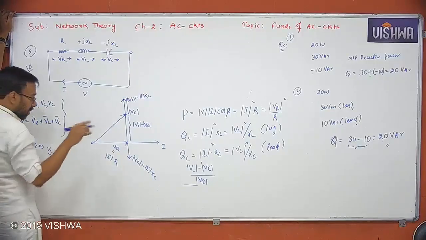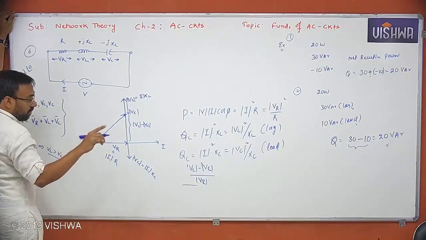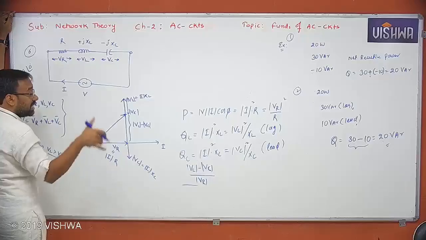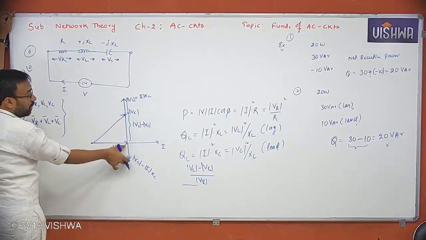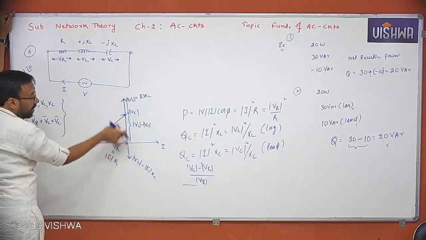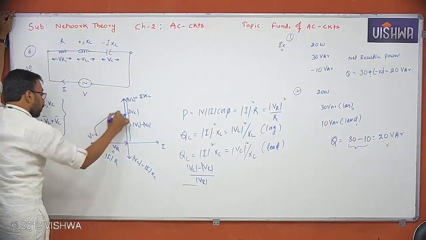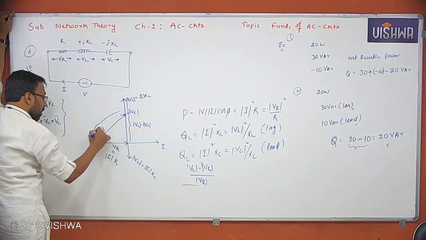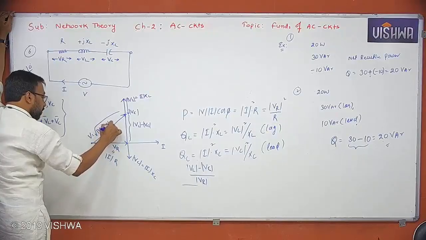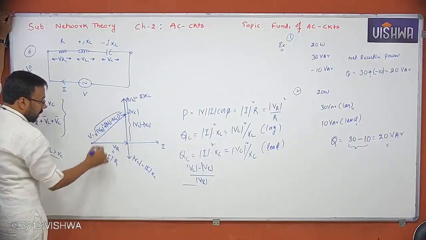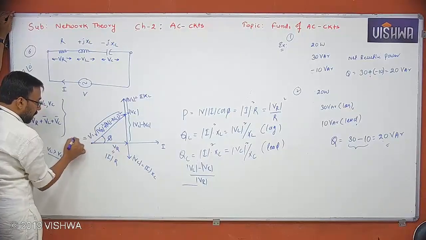So you would like to get V equal to VR plus VL plus VC, but VC should be subtracted from this because it actually has the opposite direction. The resultant phasor V is equal to the square root of VR square plus (VL minus VC) whole square. This is angle phi, I into Z.